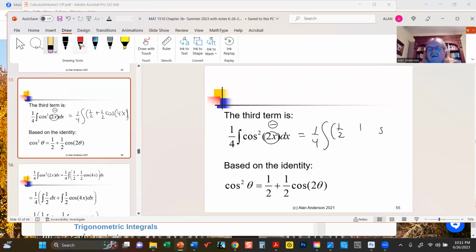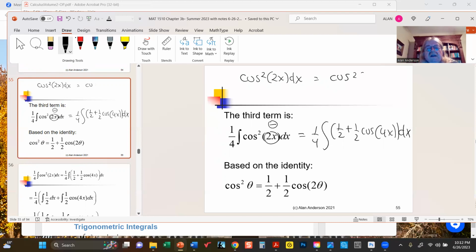Running out of space here. There we go. So we have to watch out for that. In other words, if we're going to use this identity, that means the cosine squared of 2x is what we're calling cosine squared theta.